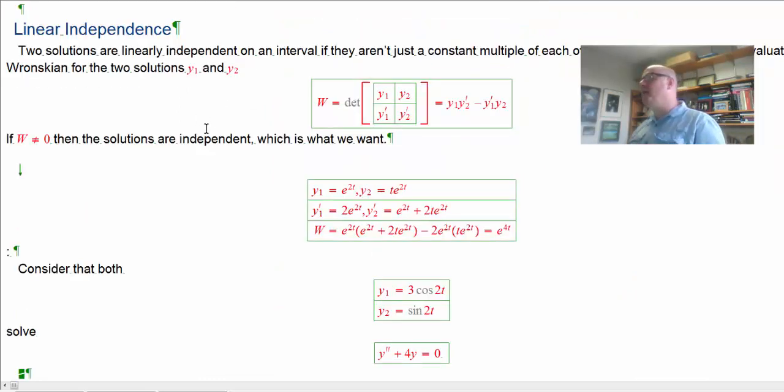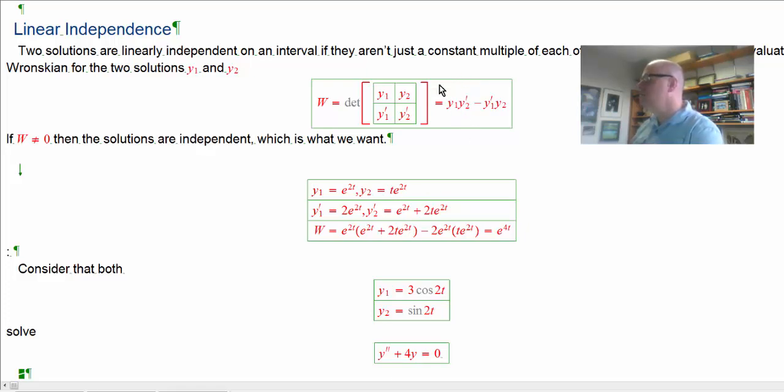Now you might say, this Wronskian seems like a bit of overkill here. I just wanted to see if these two solutions were a constant multiple of each other. In the first example, when I used y1 as e to the 2t and y2 as e to the 2t, if I had computed the Wronskian, it would have been 0, because y1 and y2 are the same.